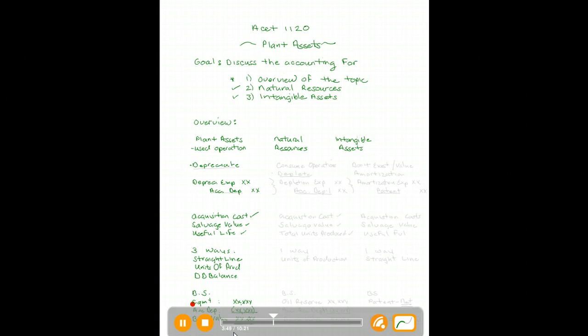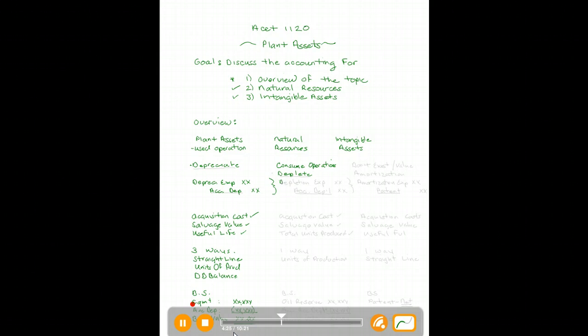Let's compare that then to natural resources. Natural resources are things that come from the earth and that we consume through operations. An example I'm going to use is an oil reserve. So we consume it through operations, and we don't depreciate it, we deplete it. And the entry that we're going to use to do that is similar to this entry.